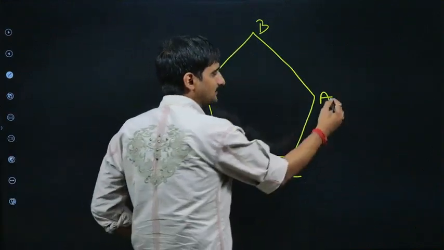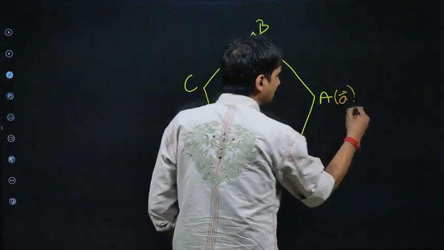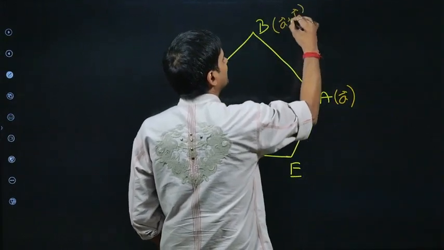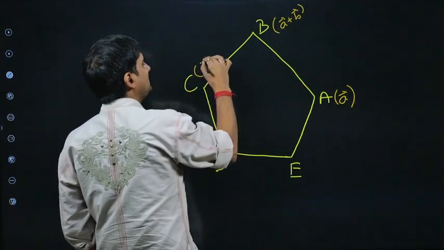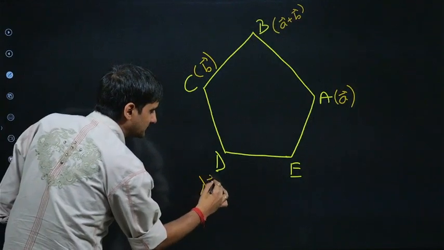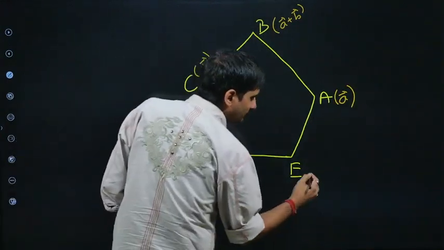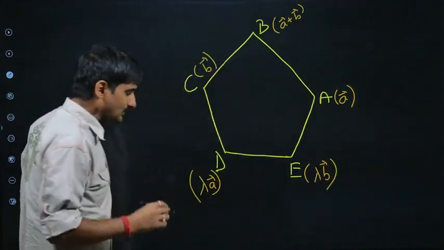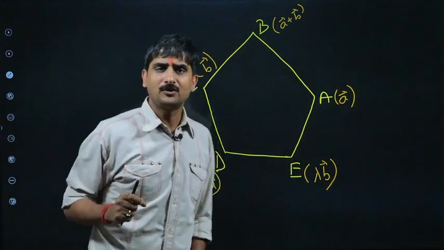The position vector of vertex A is vector a, vertex B is vector a plus vector b, vertex C is vector b, vertex D is lambda times vector a, and vertex E is lambda times vector b.